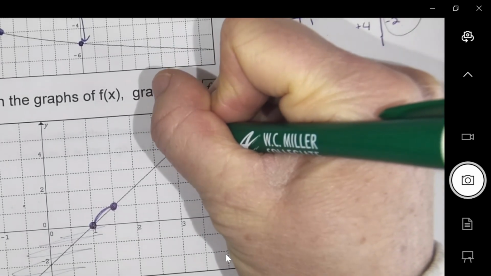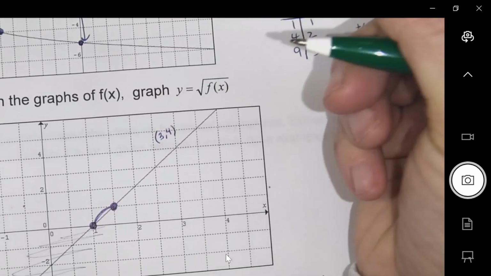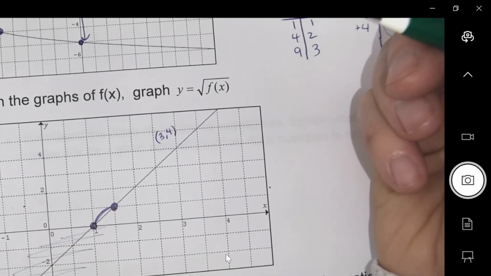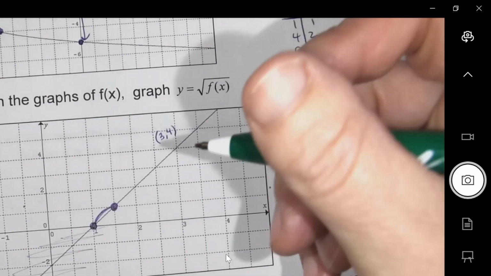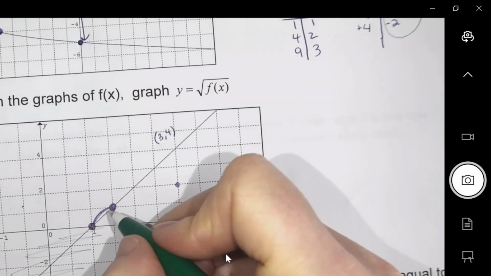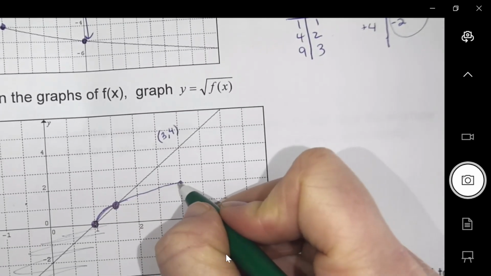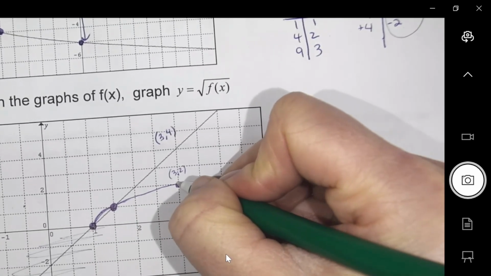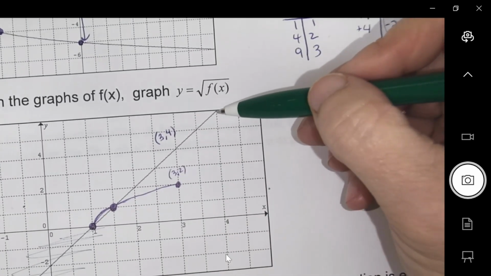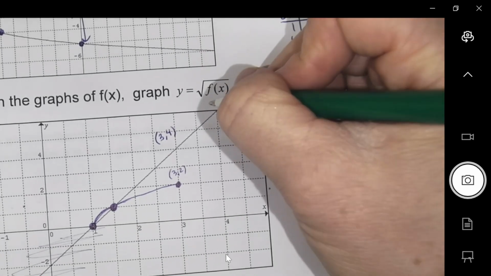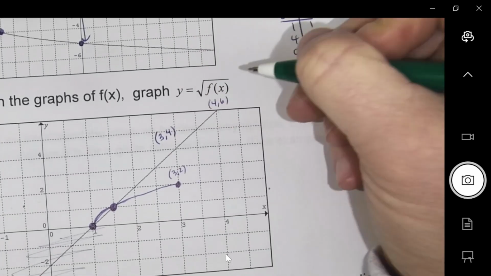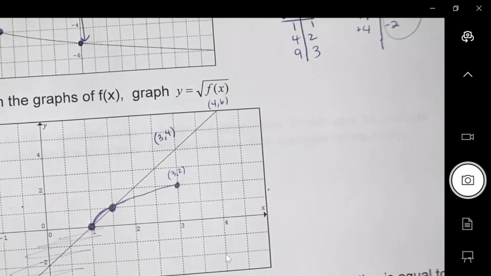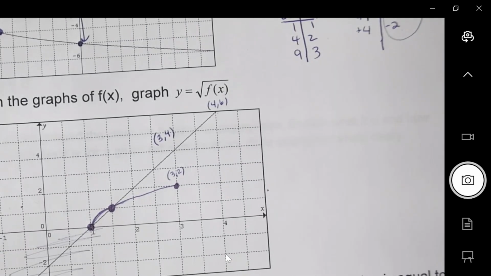So specifically I'm going to grab 3, 4, and I'm going to move it to 3, 2. This graph ends at 4, 6. I don't know what the square root of 6 is.